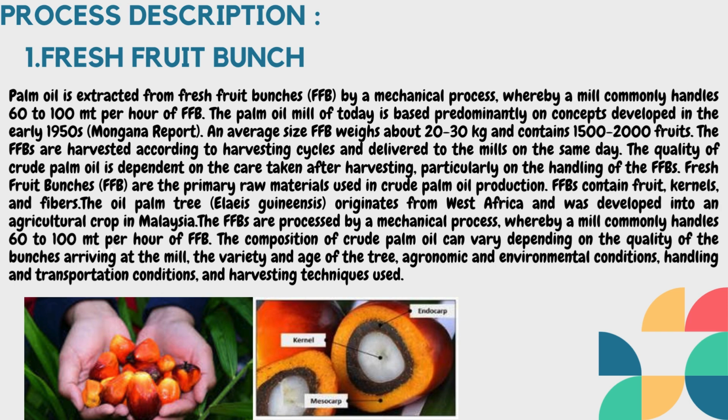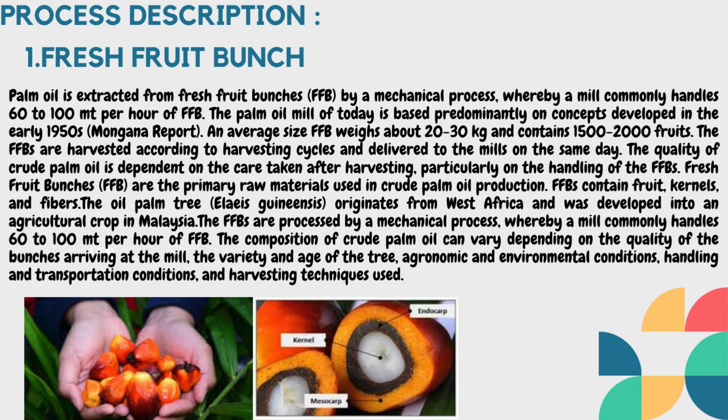An average size FFB weighs about 20 to 30 kg and contains 1,500 to 2,000 fruits. The FFBs are harvested according to a harvesting cycle and delivered to the mill on the same day.